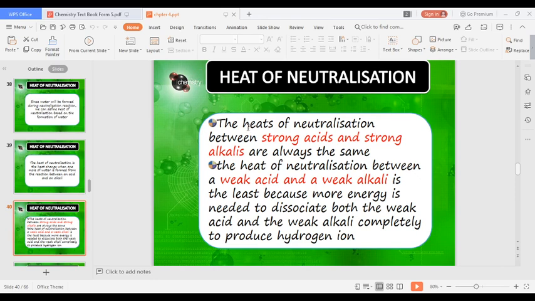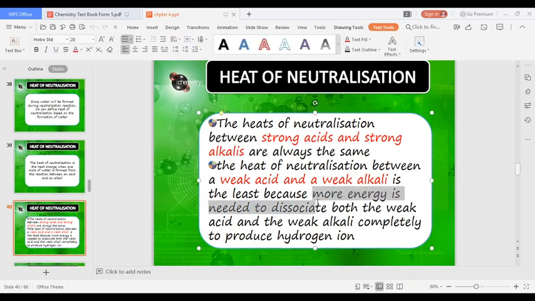So sebab itu dekat sini dia nak cakap mengenai the heat of neutralization between strong acid and strong alkali is the same. But the heat of neutralization between weak acid and weak alkali is least. Maksudnya dia akan semakin berkurang because more energy is needed. Ni soalan dia akan confirm popular lah.